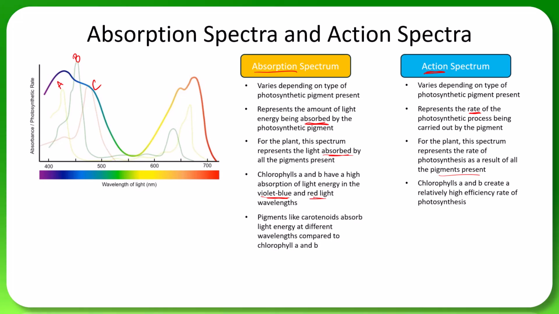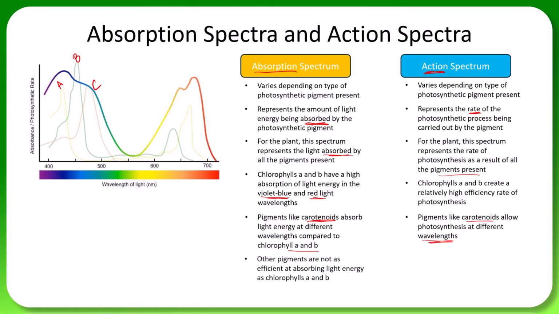For absorption, pigments like the carotenoids absorb light energy at different wavelengths compared to chlorophylls A and B. So they are a complement to the normal pigments, chlorophyll A and B. And for the action spectrum, pigments like the carotenoids allow photosynthesis at different wavelengths that chlorophylls A and B cannot absorb well at. It just helps make the plant more efficient using wavelengths that chlorophylls A and B can't use.